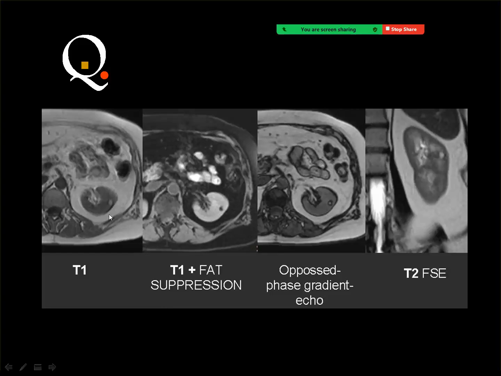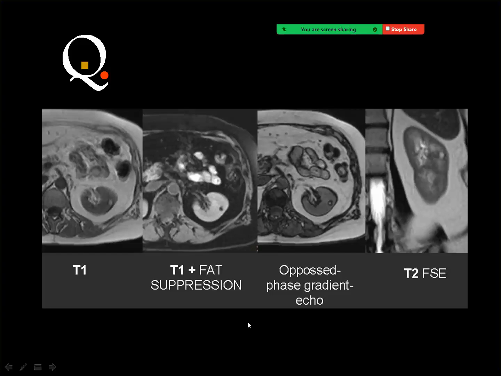The lesion contains fat. It is bright in the T1 and suppressed in the fat suppressed images, denoting the presence of fat. There are a lot of lesions containing fat in the kidney, but the most common by far is the angiomyolipoma. Lipoma of the kidney is very rare. Liposarcoma is also rare. Dermoid cyst of the kidney is rare.